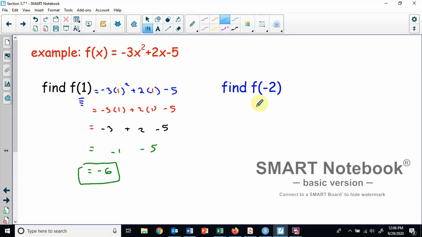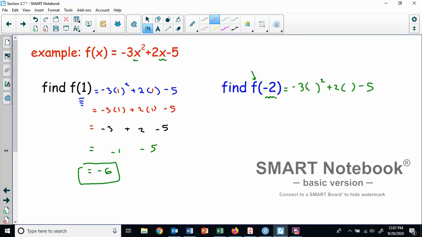So let's look at one more example of plugging in before we jump into some other connections. So let's see. So we're plugging into f again. Notice that's how I know we're plugging into f, and f is right here in this problem. So negative 3 blank squared plus 2 blank minus 5. So I've copied the function. I've left the x's as blanks because that's what I'm going to be substituting in a negative 2 for.